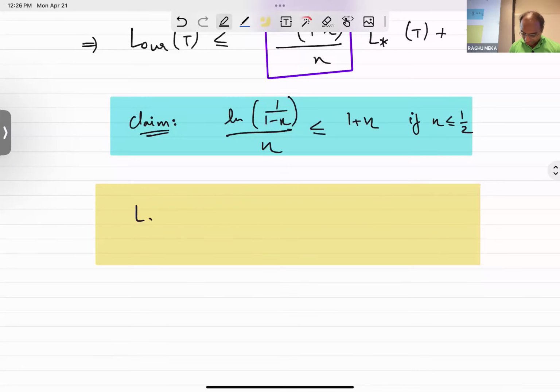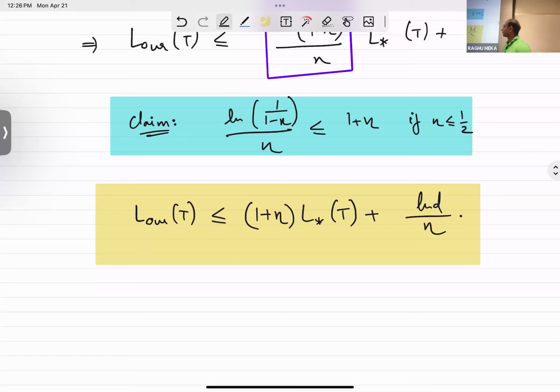So the expected loss of the multiplicative weights algorithm after t days is at most 1 plus eta times the loss of the best expert plus some additive term. Okay. Even though we don't know the exact loss and how many days we're going to run it, if you did, you can try to optimize what's the best choice of eta.